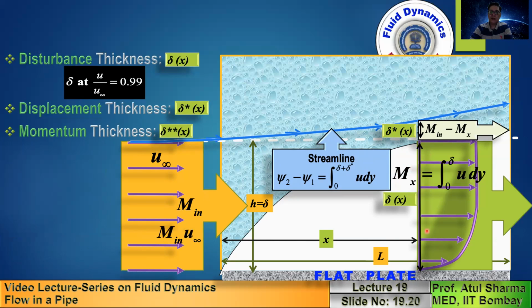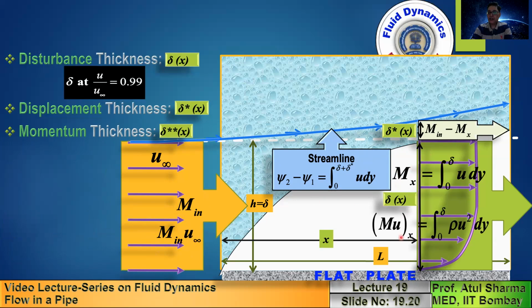If you consider the streamwise momentum flow rate, it is given by the mass flow rate multiplied by the velocity in the horizontal direction. So mass flow rate multiplied by velocity is like an x momentum flow rate.